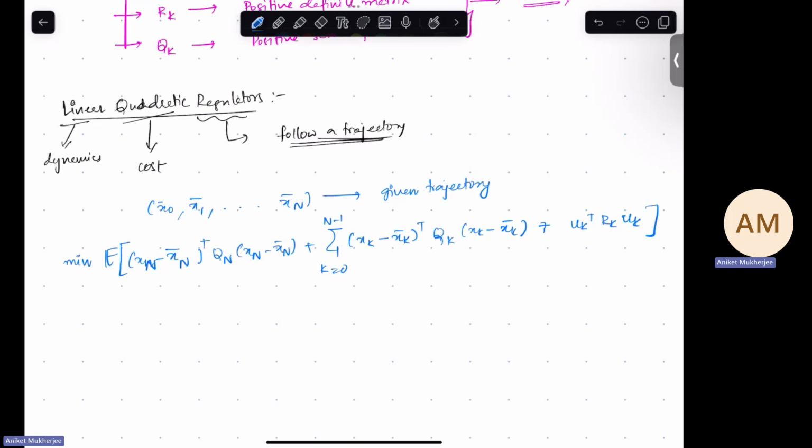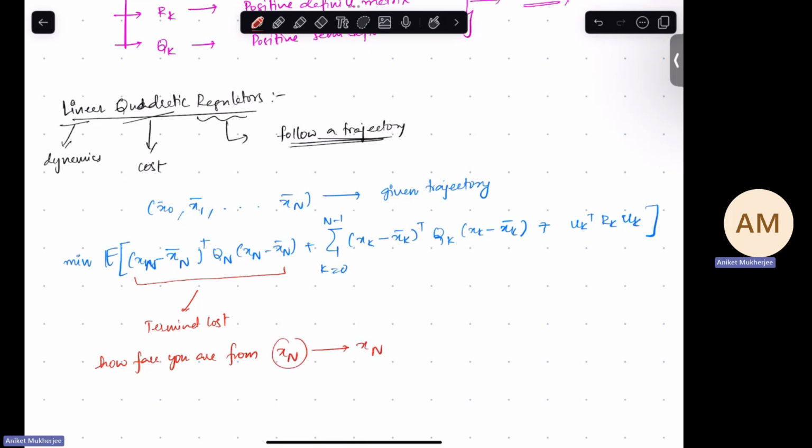So then basically what you're doing is you're trying to minimize, this is the terminal cost, and this gives you a notion of how far you are from xn bar. So you want to minimize this distance as small as possible. So this quadratic function will let you minimize the distance between the trajectory that is given and the trajectory that you take by choosing these uks.